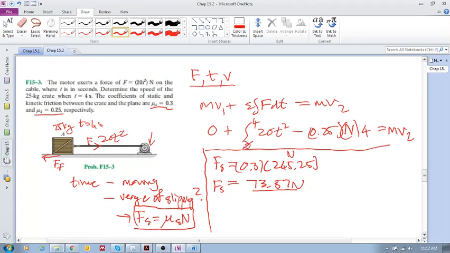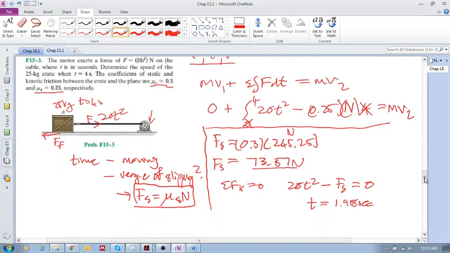So these initial times, and this time of 4, are wrong. We have to find the time when the crate starts moving. So all we do is say the sum of the forces in the x is equal to 0. So 20t squared minus my friction force, which is 73.57, is 0, and if you solve for this you get t equals 1.918 seconds.